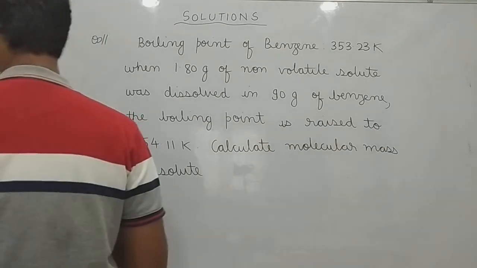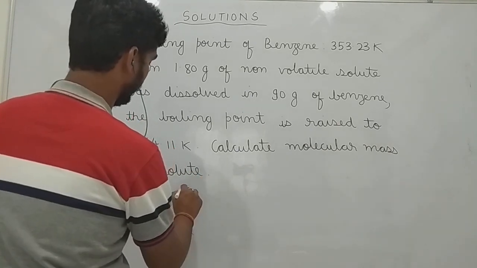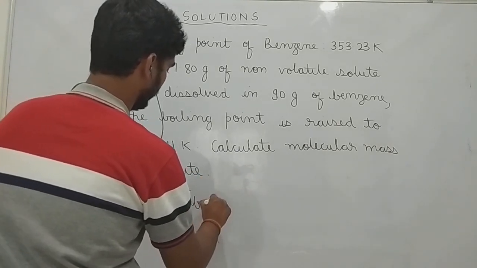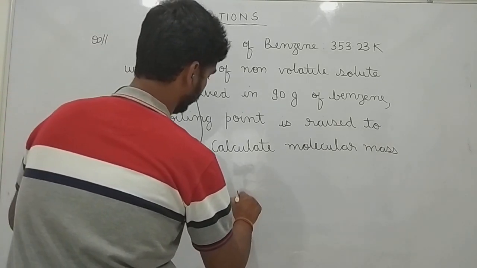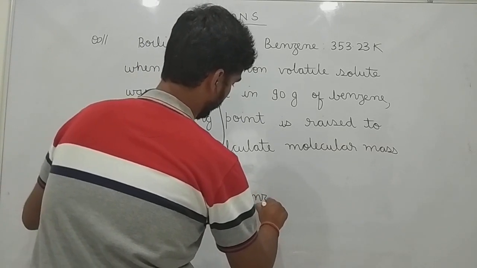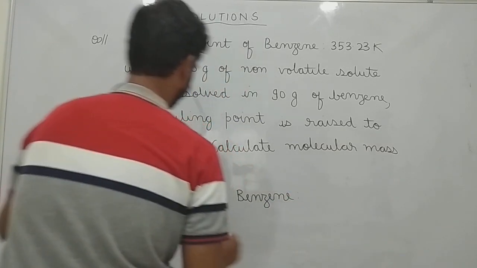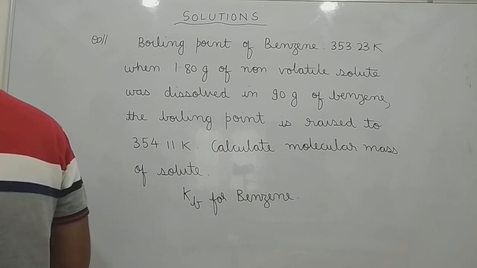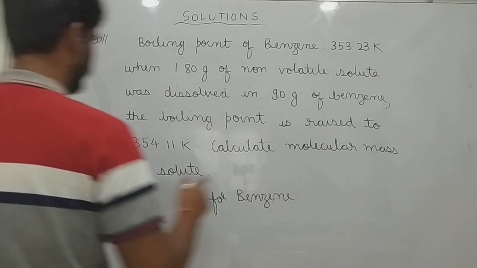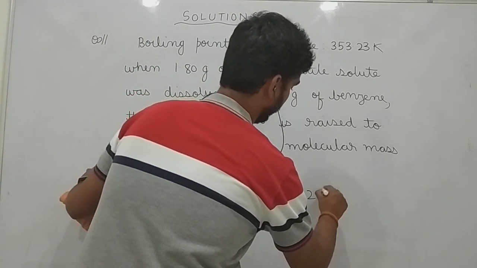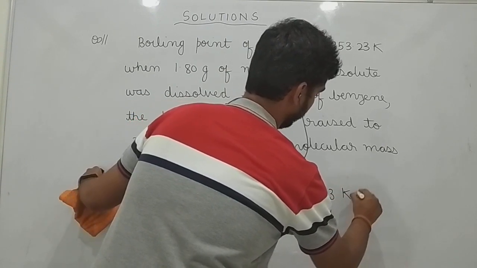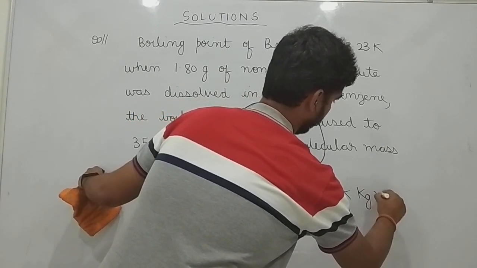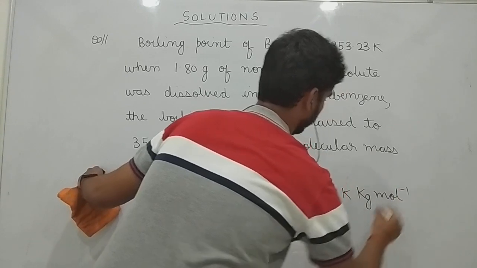One data is given: Kb for benzene is provided, and it is 2.53 Kelvin kg mole inverse.